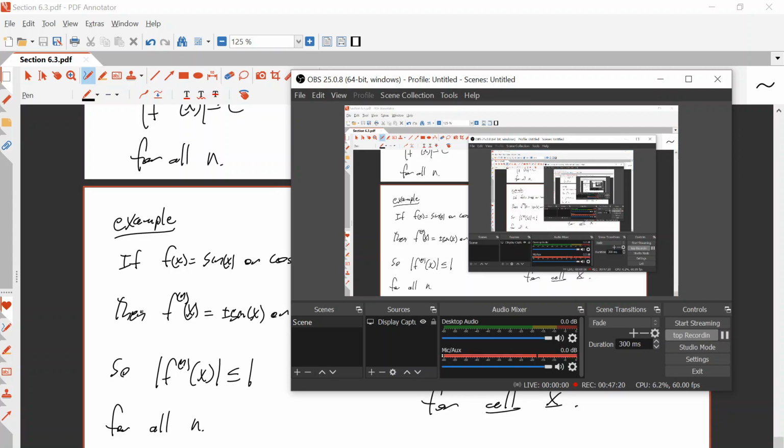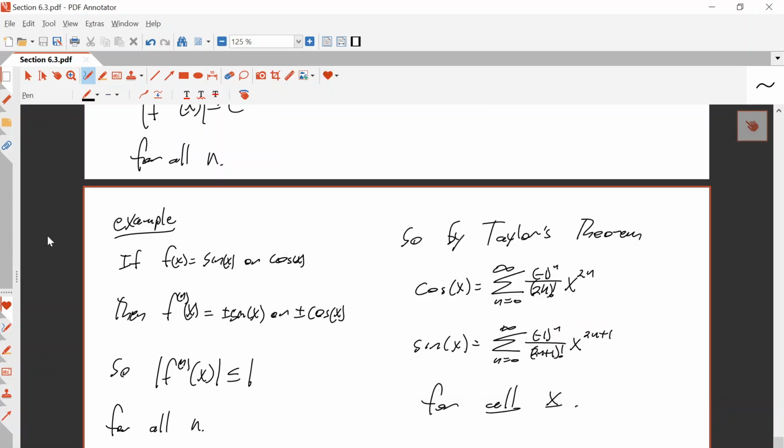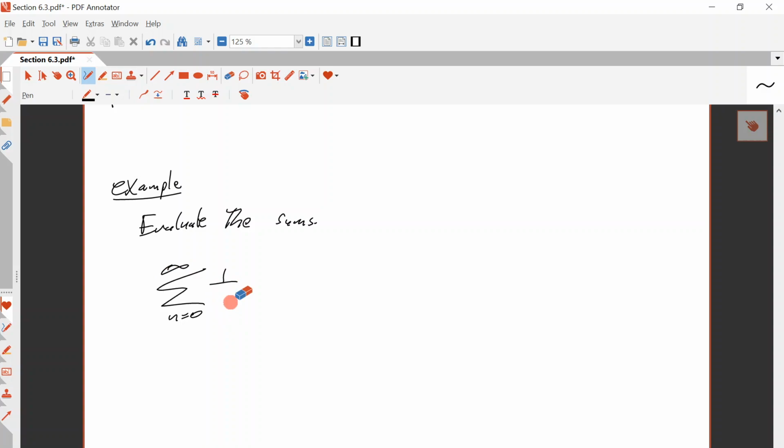Okay, so a couple of examples to end this section, a couple of applications of these. Evaluate the sums. So the sum n equals 0 to infinity of 1 over n factorial. What's that going to be equal to?